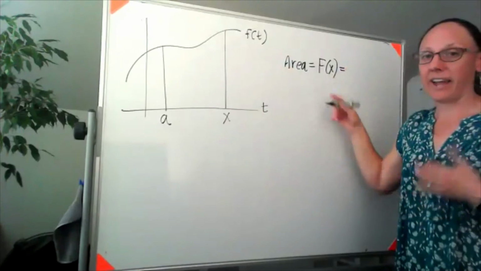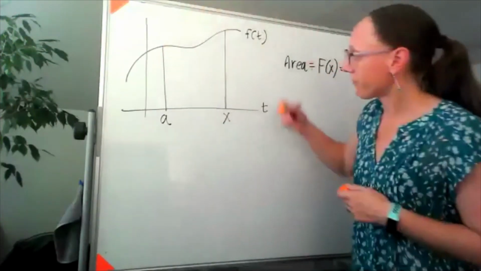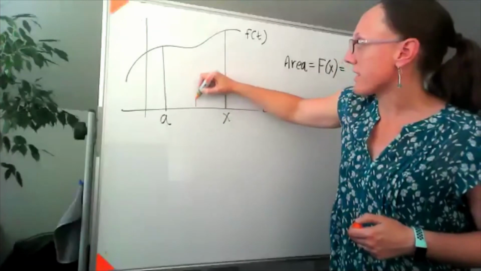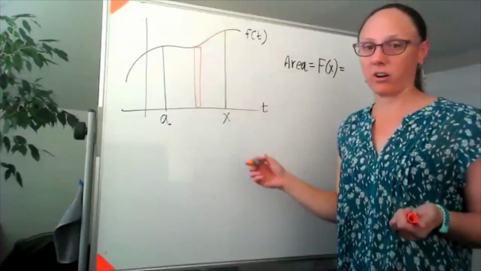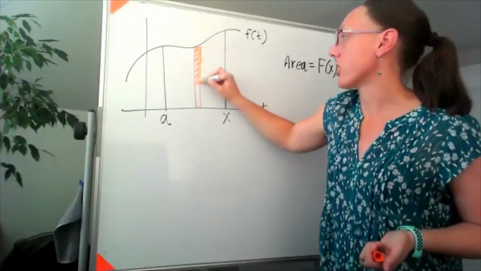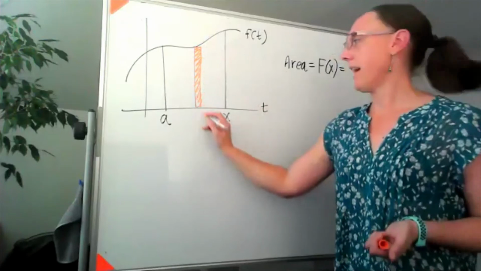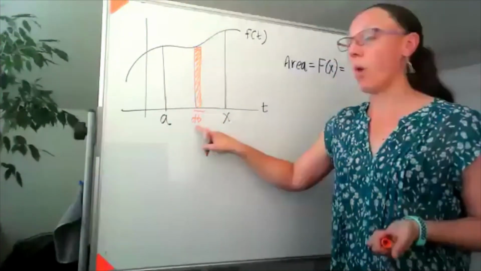Now to get that area, and thinking back to what we talked about Friday, if I were to draw some arbitrary cross-section in here at a particular value, then this arbitrary cross-section has a base and a height. And its base is some little bit of dt. Why dt?